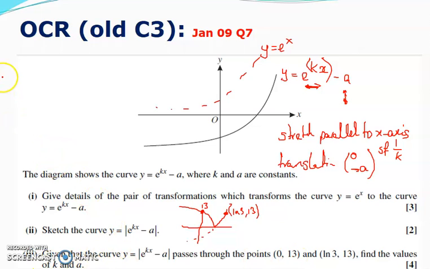Okay then, so I've got this equation, y equals the modulus of e to the kx minus a, and they're saying when x equals 0, y equals 13. So I'll substitute that in. 13 equals the modulus. Now, e to the 0 is 1.